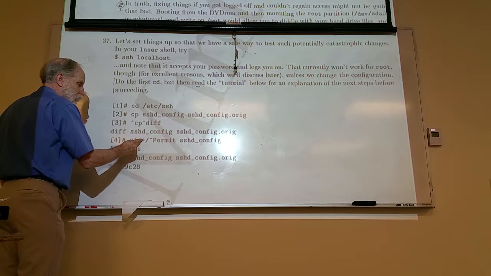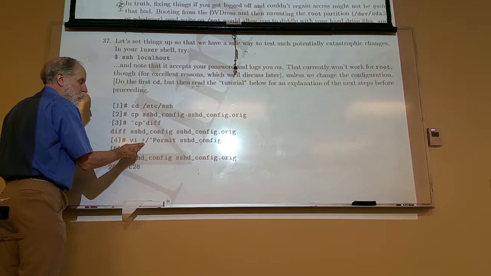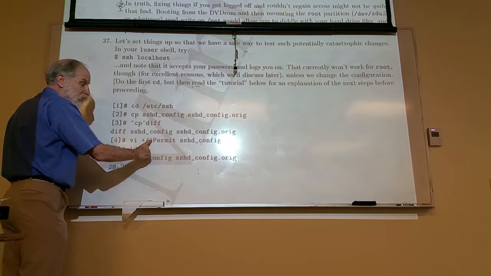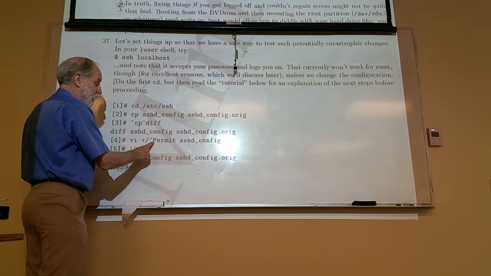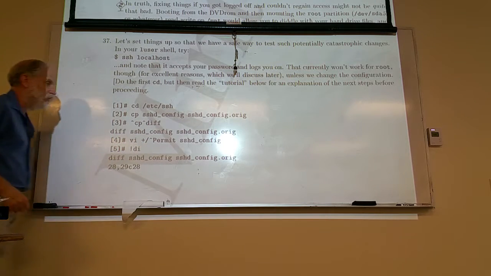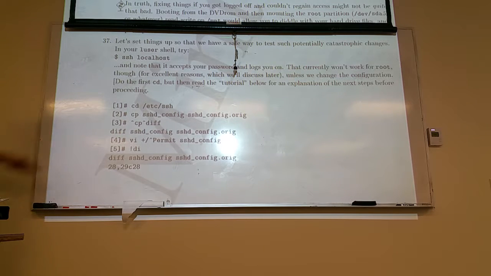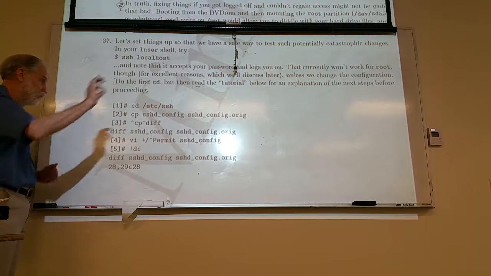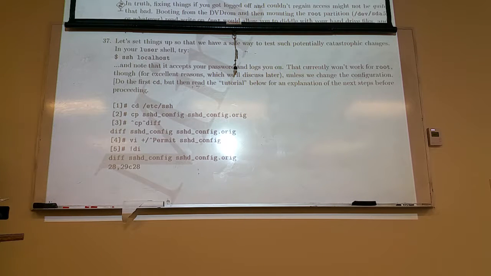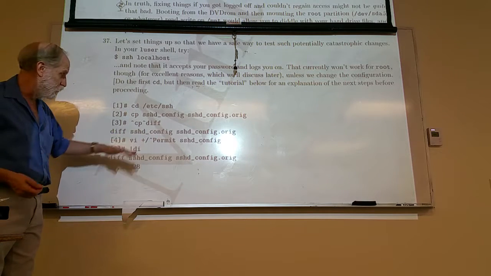We're saying go to the line where you look for something that begins with, caret sign here means match beginning of a line, P means match a capital P, E means match E, etc. It'll take you to the first line it finds that begins with the word Permit. So it'll get you exactly the right place to do an edit. Two or three characters after that, you've got things edited. You can exit vi and save your changes.